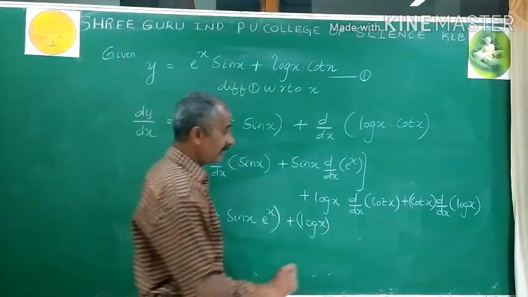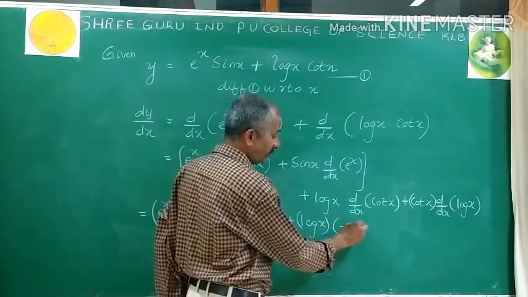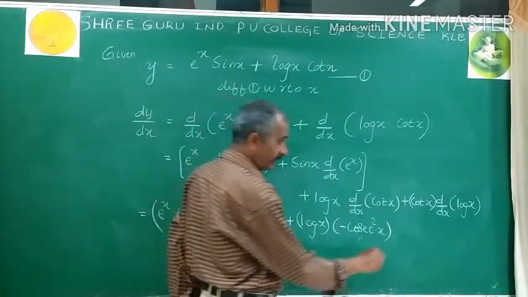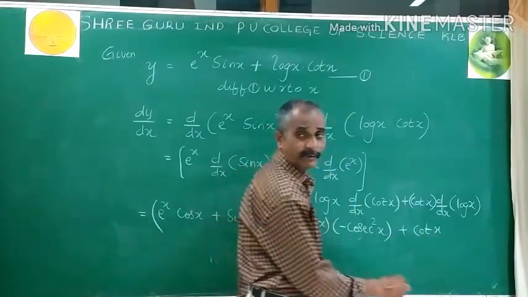Recall the list of formulas: derivative of cot x, the answer is minus cosec square x, plus cot x into derivative of log x, which is 1 divided by x.